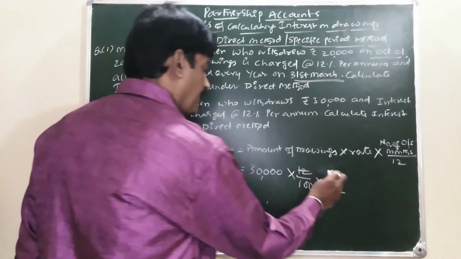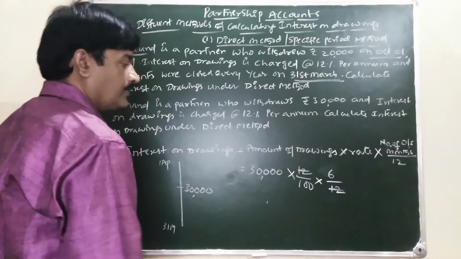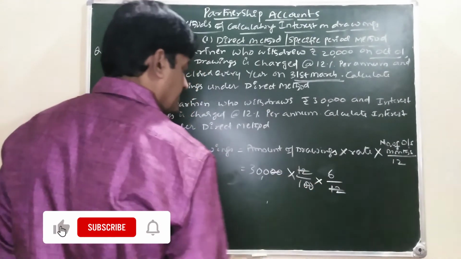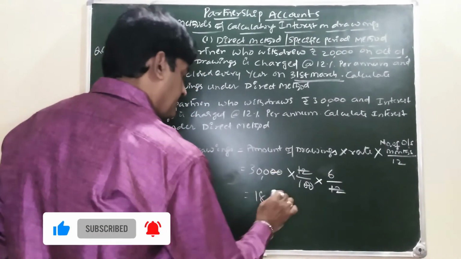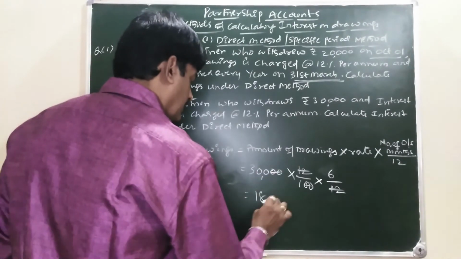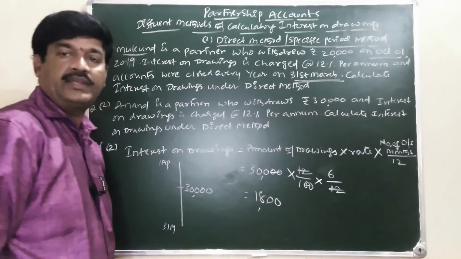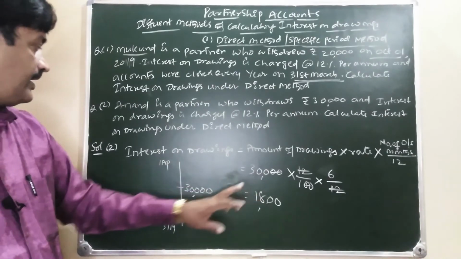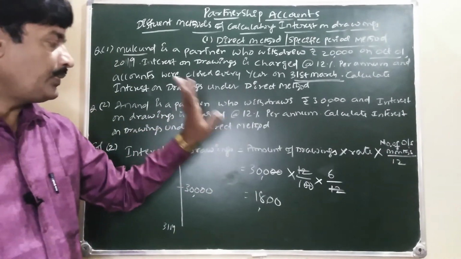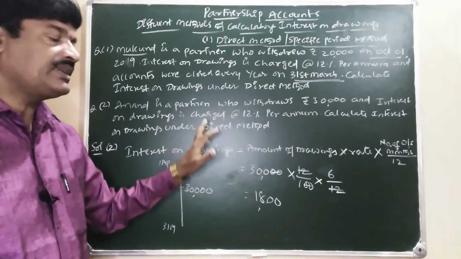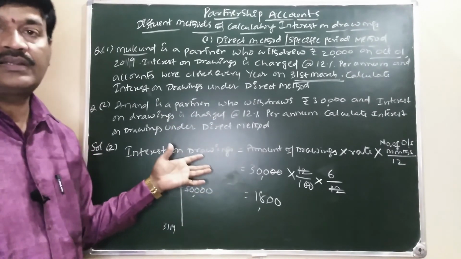So 12 cancel. 2 zeros. 6 threes are 18. 2 zeros are there. 1,800. 1,800 is the answer for question number 2. In question number 2, the date of withdrawal is not given.